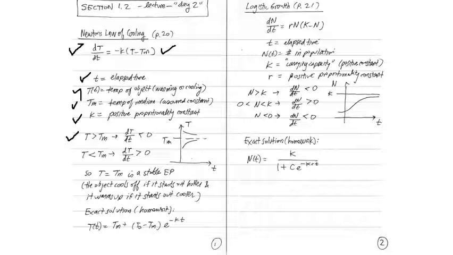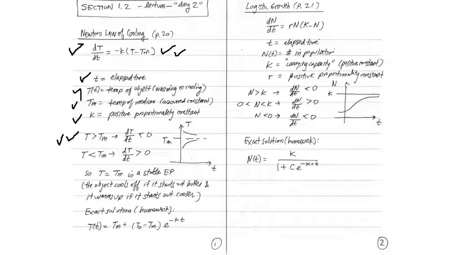Looking back at the right-hand side of our differential equation, when T is greater than T sub m, the expression on the right-hand side is going to have a negative value, which is going to cause our temperature to decrease.